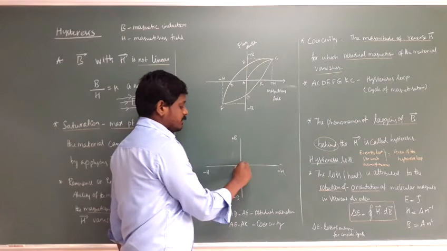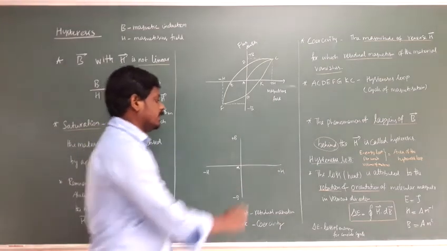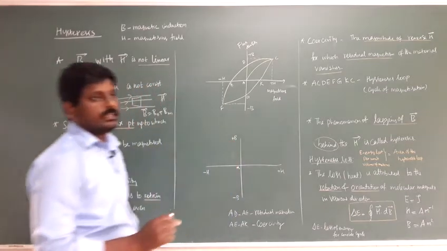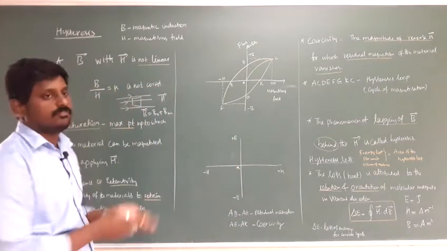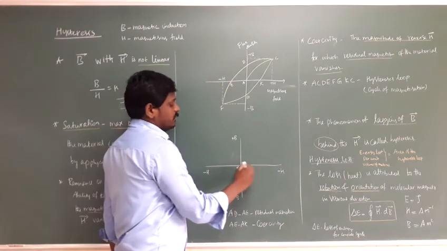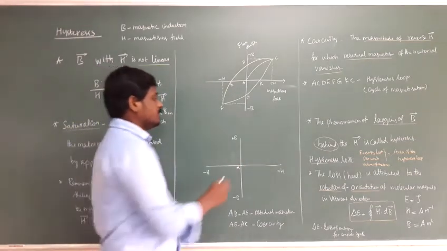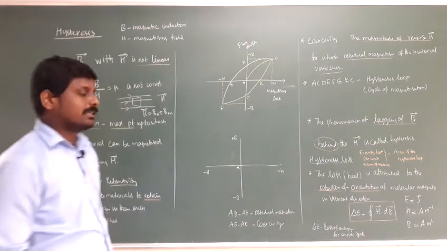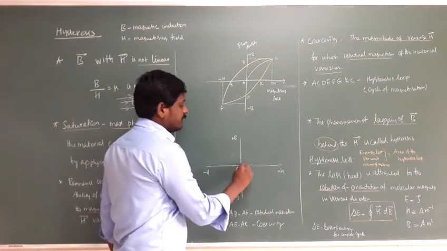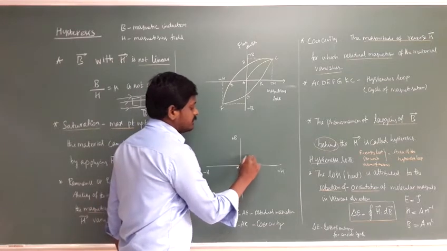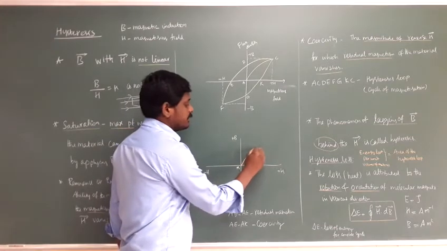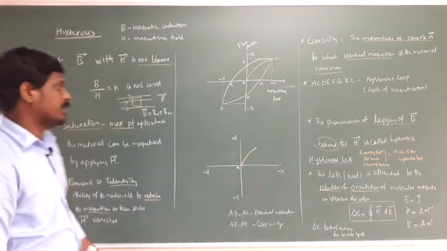We start from here, that is A. We are increasing the magnetizing field, so the magnetic induction increases, because B and H are directly proportional. If we increase x, the y value automatically increases. Starting from A and increasing, it changes until it reaches a certain point, a maximum point.